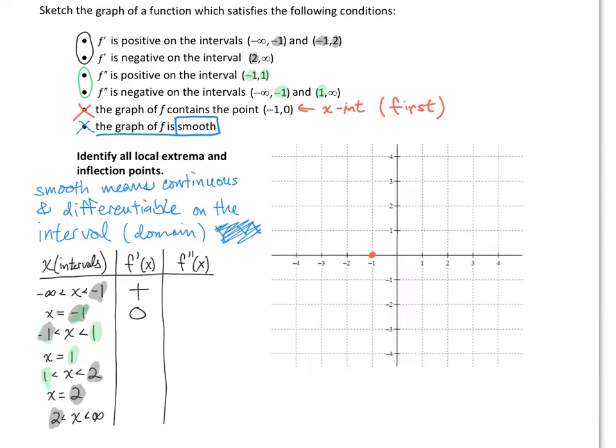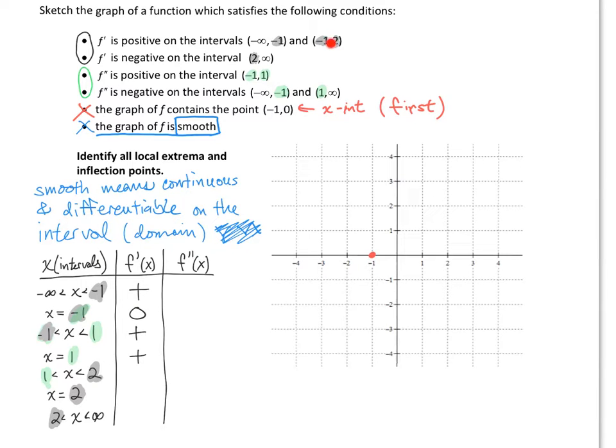All right, so let's see what happens here. Between -1 and 1, that's here, the first derivative is still positive. At x equals 1, the first derivative is still positive because 1 is in this interval, and the first derivative is positive in this entire interval, including 1.